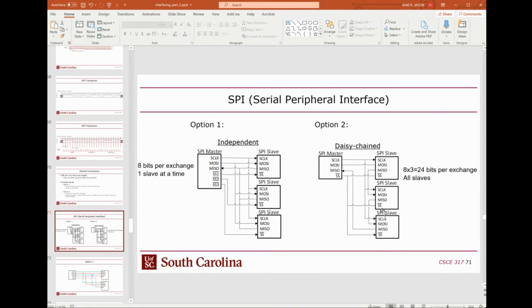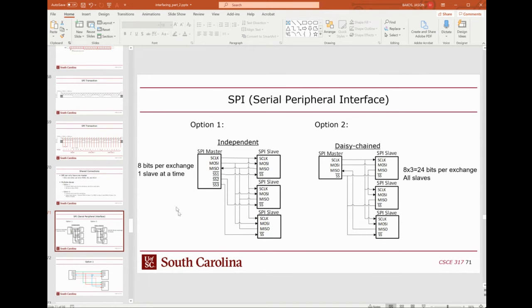The problem with daisy chained is that doing a transaction on a daisy chain potentially takes more cycles. Well, I think it would always take more cycles, right? Yeah, than having a single slave.